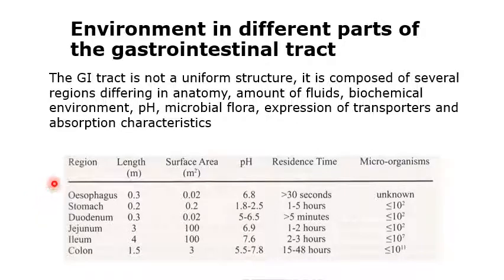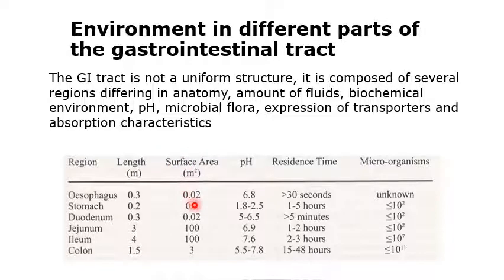Environmental differences between different parts of the gastrointestinal tract also affect absorption of a drug. Examples of these differences are the amount of fluid, biochemical environment, pH, microbial flora, expression of transporters, and absorption characteristics. You might see here the difference between the length of each component of the gastrointestinal tract. More important are the surface area differences.